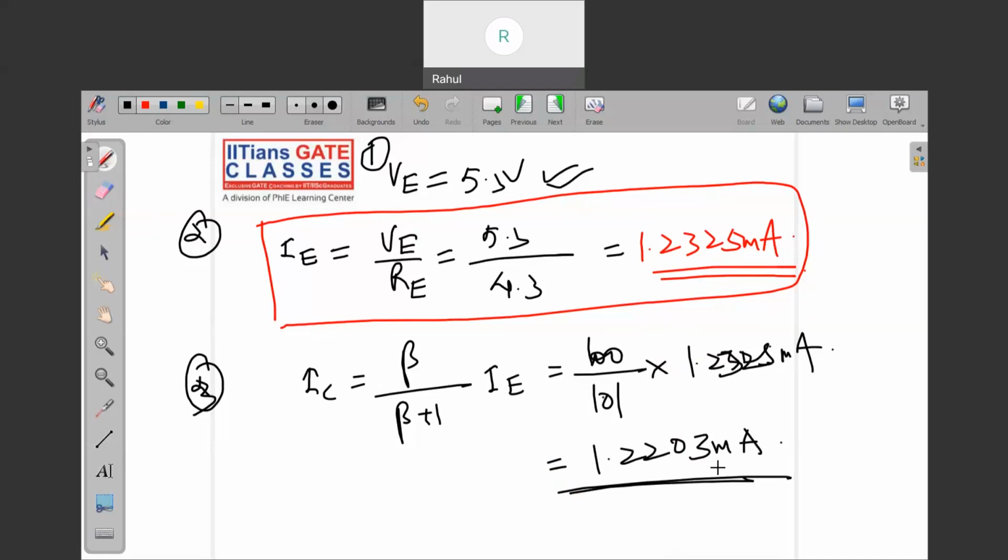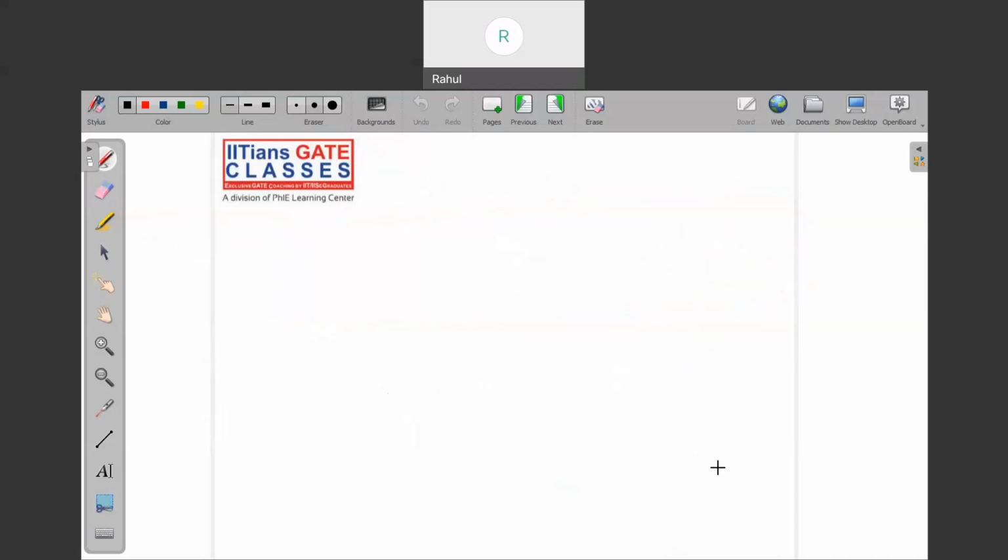The moment you got IC, now what you have to find? The fourth step, that is VC. VC will be equal to VCC minus IC times RC. That is VCC is 10 minus IC into RC. RC is in kilo and IC in milli, so milli and kilo cancel.